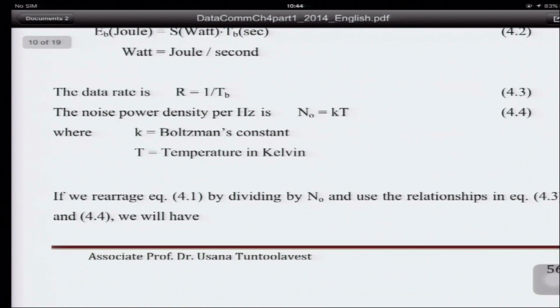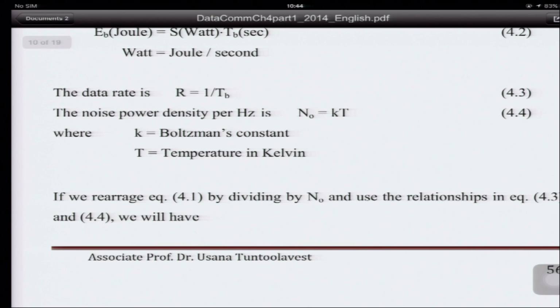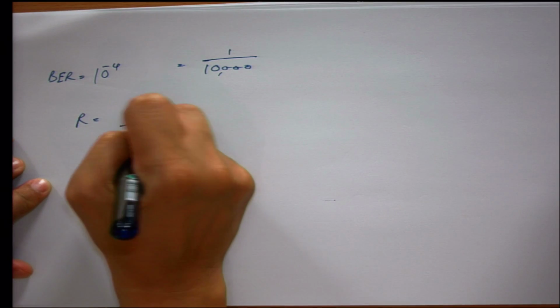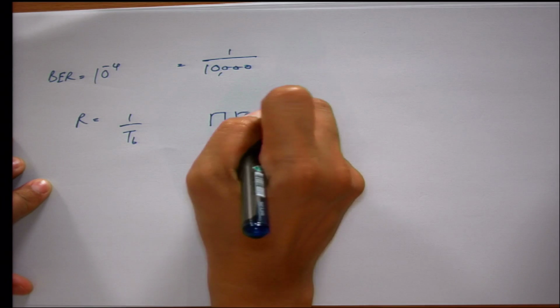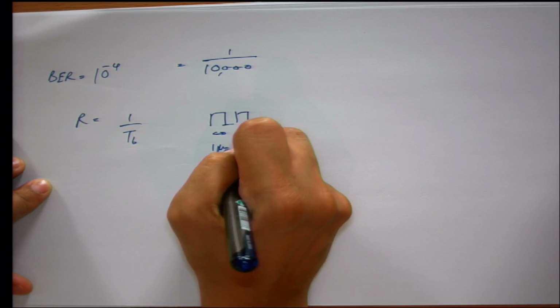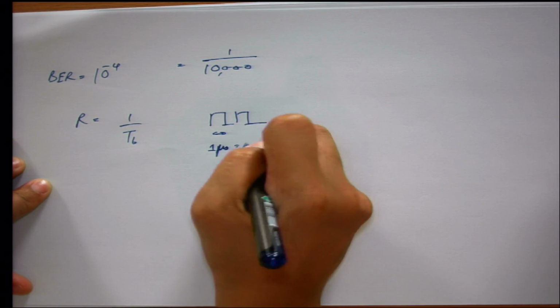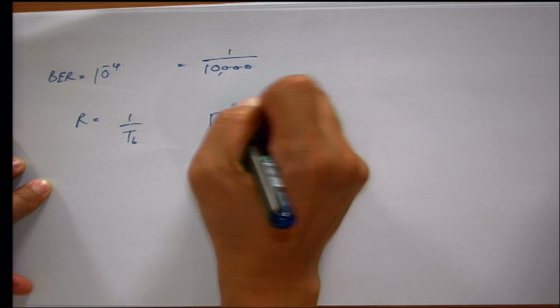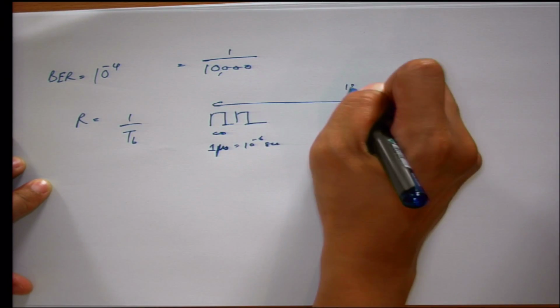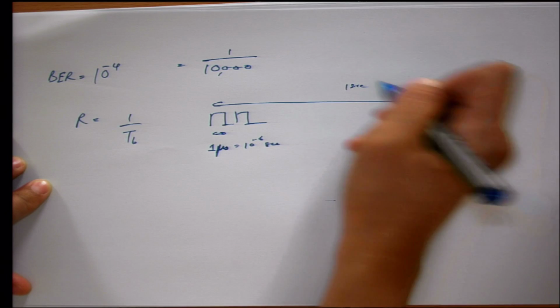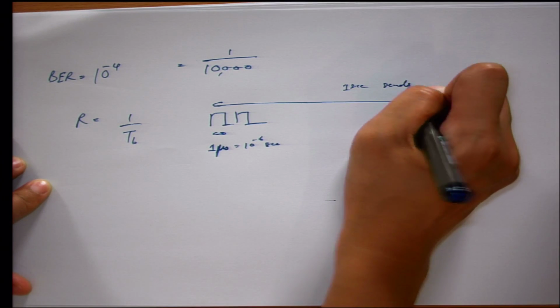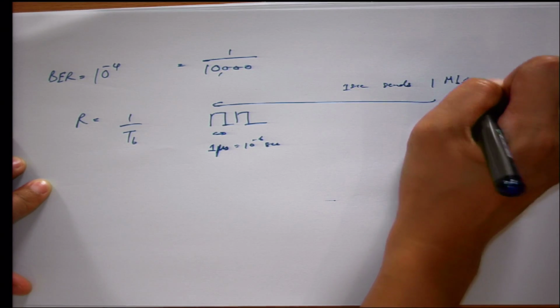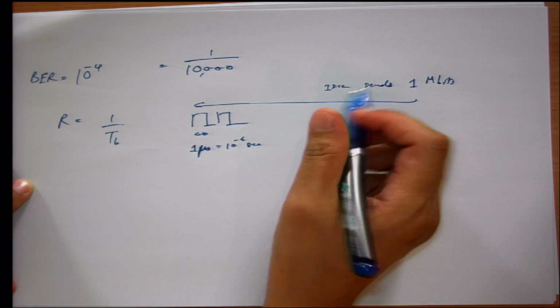Now the data rate is R equal to 1 over Tb, because Tb is the bit duration, right? Suppose your bit duration is equal to 1 microsecond, which is equal to 10 to the minus 6 seconds. This means that in 1 second, you can send 1 million bits, because 1 bit takes 1 microsecond.